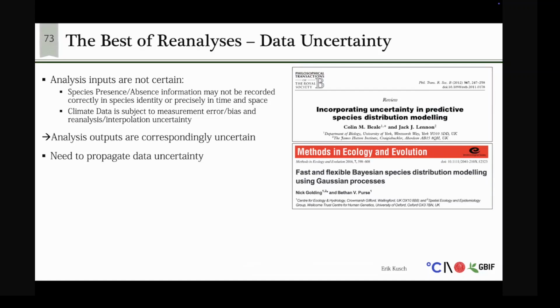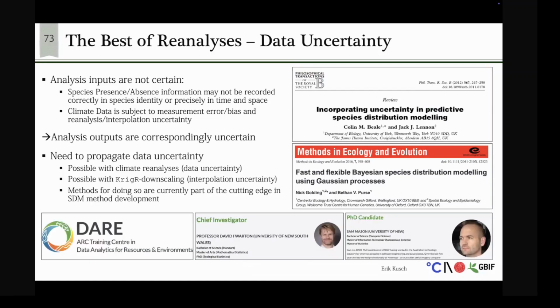Luckily, I'm not the only one who's figured this out, and thankfully, I'm not the one who has to resolve this, because there are already some experts working on this down in Australia, whom I'm currently partnering with to leverage the Krigr pipeline and the integrated uncertainty that we can get from the reanalysis datasets and the interpolation technique to actually feed combined data uncertainty into their models, and then report the data uncertainty combined with the process uncertainty of the species distribution model into their final prediction uncertainty.